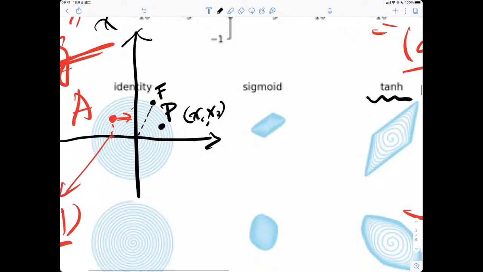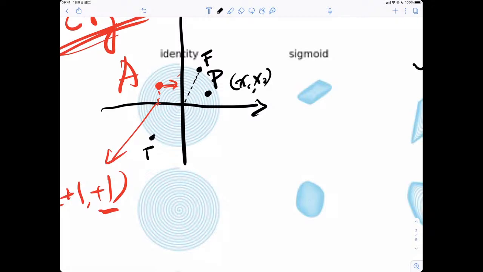If there is a data point right here, F2, where both the x1 and x2 values are negative and very far away from 0, they will be squeezed back to 0.